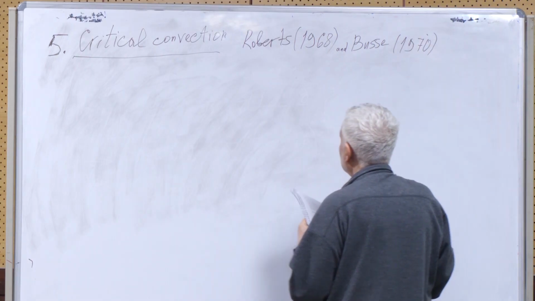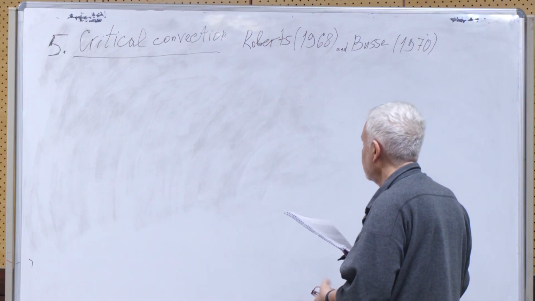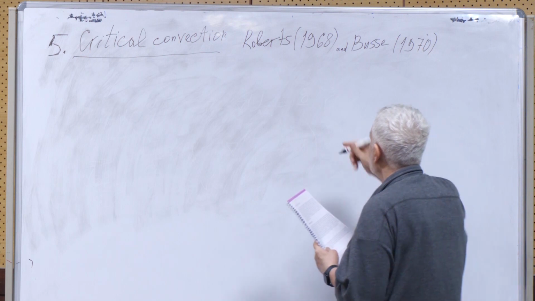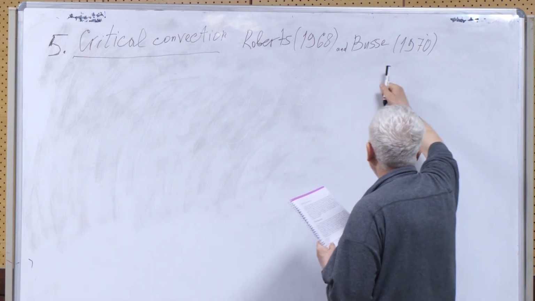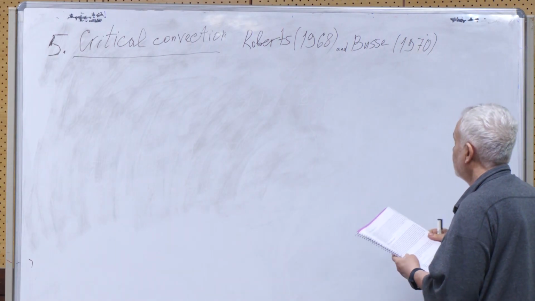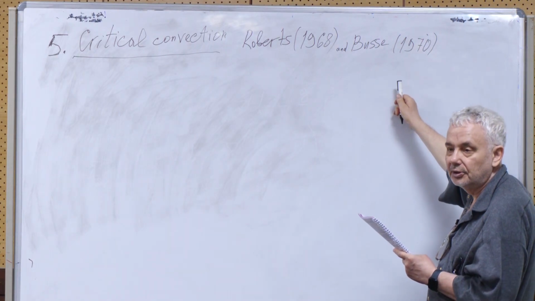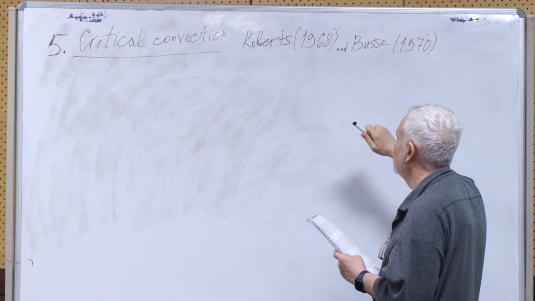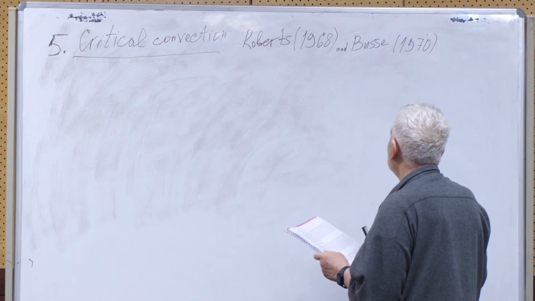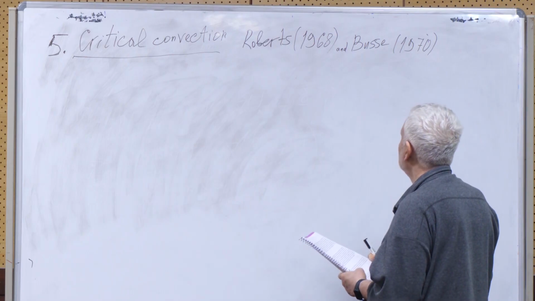It's worth knowing that later, after the first work of Roberts on this subject, Busse made his work slightly differently but independently. He made his work independently, from another point of view, stating the same estimations and solving a similar problem.